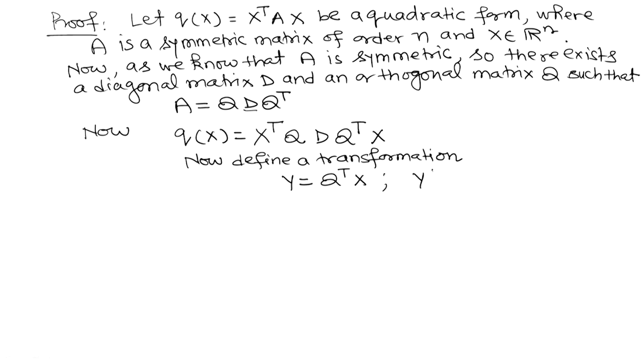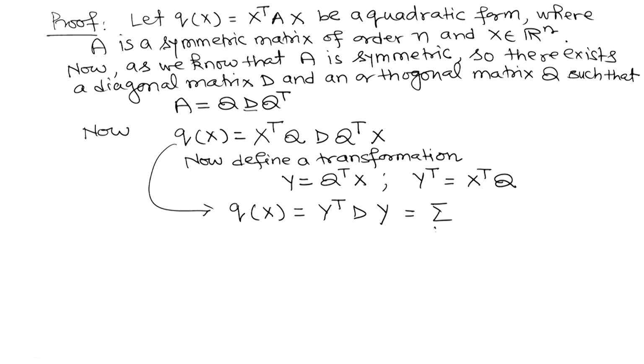Then y transpose becomes x transpose Q, and this quadratic form can be written as y transpose D y, which is the sum over i equals 1 to n of d_ii into yi square, which is a quadratic form but in diagonal representation.